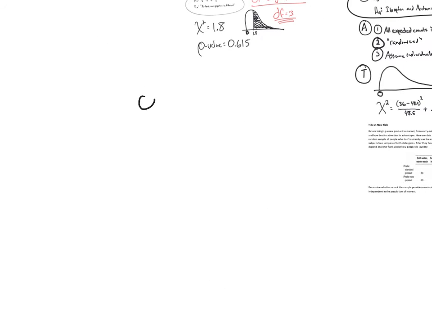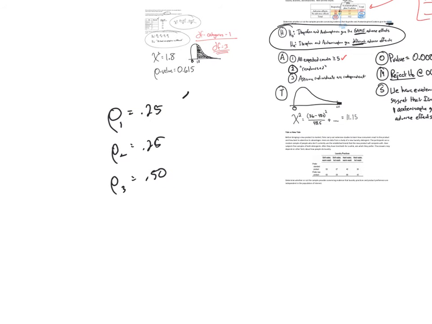I mean, if they knew that P1 was, let's just say it was 25%, P2 was 25%, and there's a third category that was 50%, then we would need to know that something times 25% would have to be greater than or equal to 5 every single time. So like if you took, well, let's just do a sample size of 10, we know that the expected count would be 2.5, which would be too low, right? Because you need all of them to be at least 5. So you'd want to bump it at least to like 20, right? So I think that's all they were really after, was just understanding that sample size matters on these.